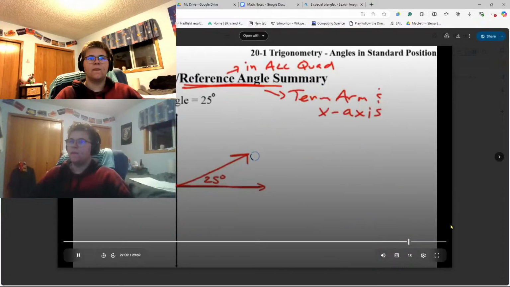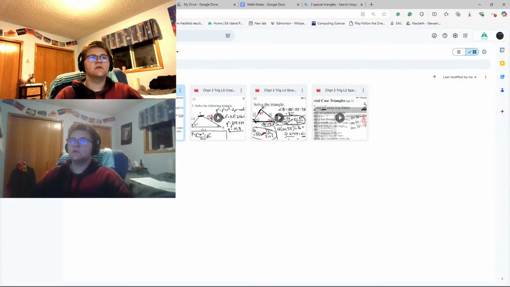Really, this is the easier stuff, but I just want to get to the really hard stuff, like sine and cosine law, and special case triangles.